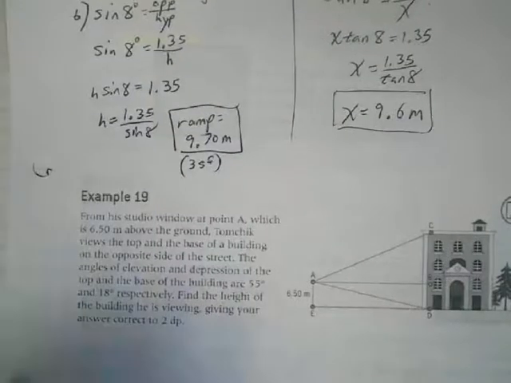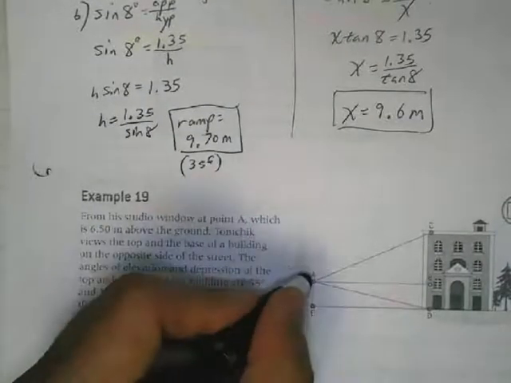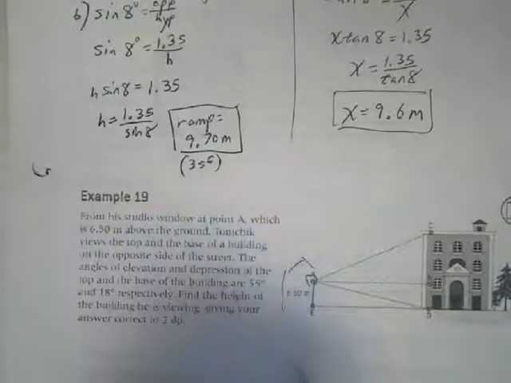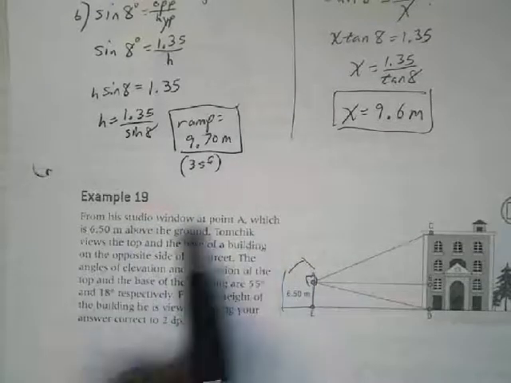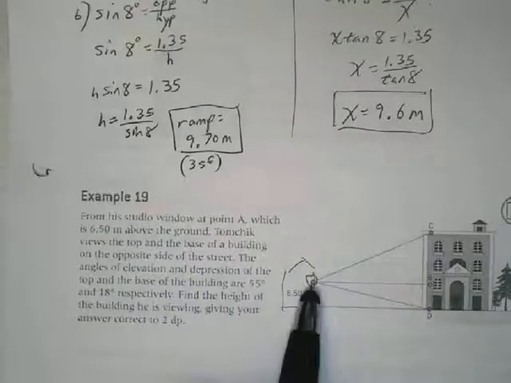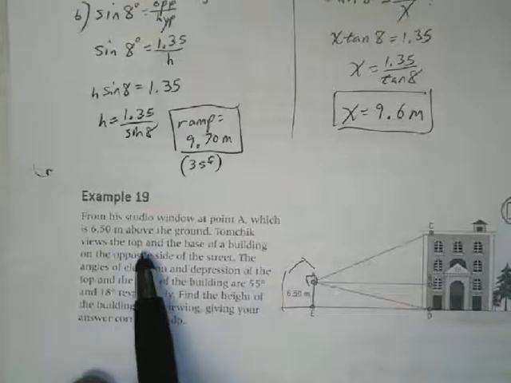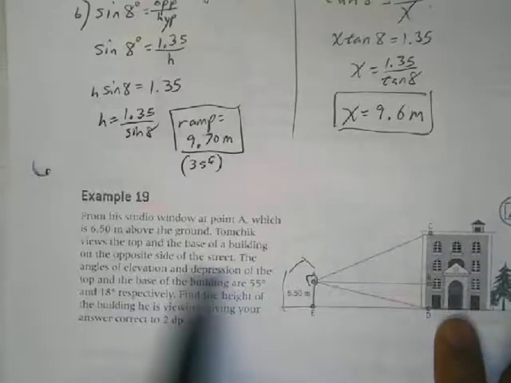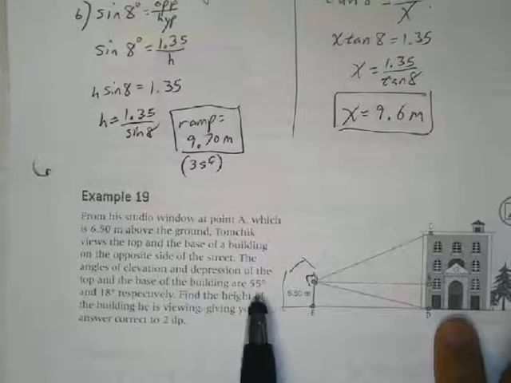From his studio window at point A, so there's a studio window there, and there's my house, which is 6.5 meters above the ground, Tom views the top and the base of the building on the opposite side of the street. The angle of elevation and depression from the top and the base are 55 and 18 degrees respectively.